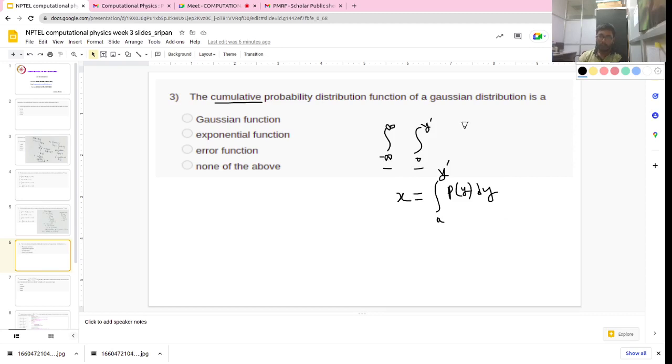Now what we need to do is write the form of py from this Gaussian distribution. Let's say a to y prime, and py will have a form like exponential minus y square by 2 dy.